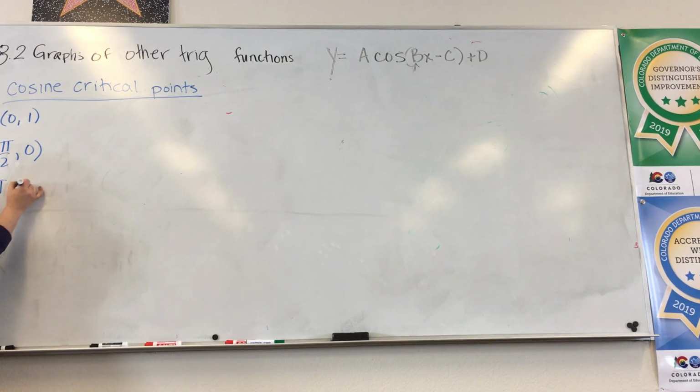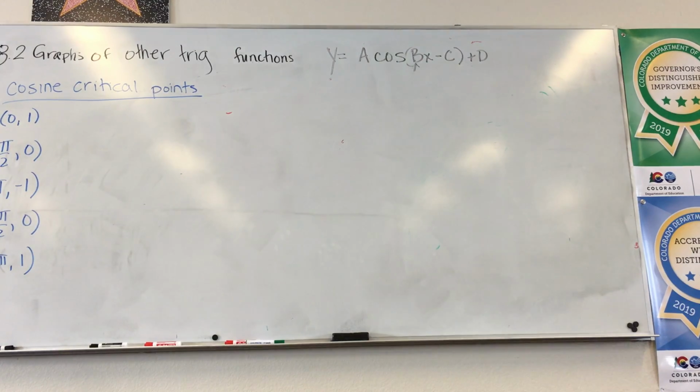Pi and -1 is a minimum. 3 pi over 2 and 0, and then 2 pi and 1. This gives us an entire period of the cosine. So now we just have to figure out what that means for everything else.